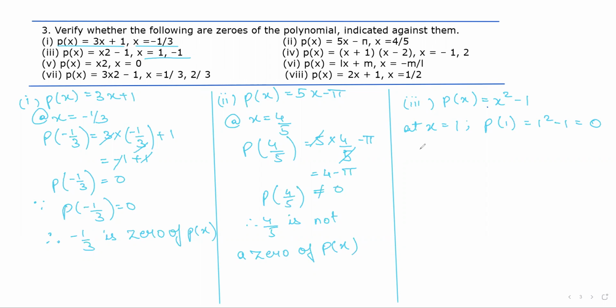At x equals minus 1, P of minus 1 will be equal to minus 1 whole square minus 1, which is equal to 1 minus 1, which is equal to 0. Therefore, 1 and minus 1 are zeros of P of x.